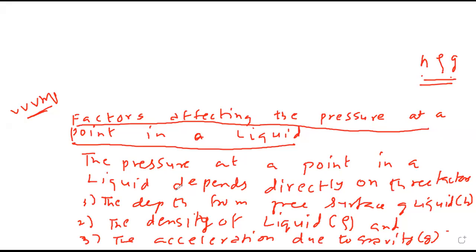What are the factors on which pressure at a point in liquid depends? It depends upon three factors: depth from the free surface of liquid h, density of liquid rho, acceleration due to gravity g. Copy these three factors.